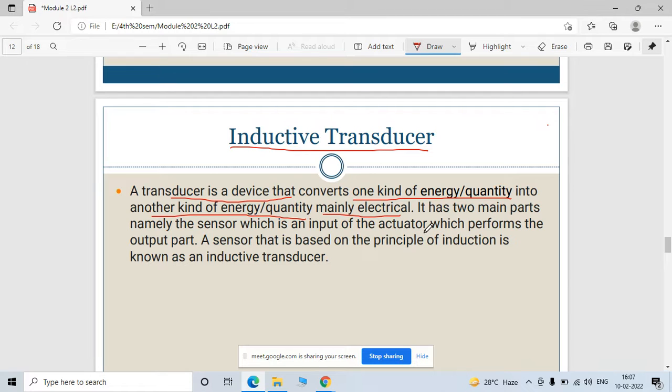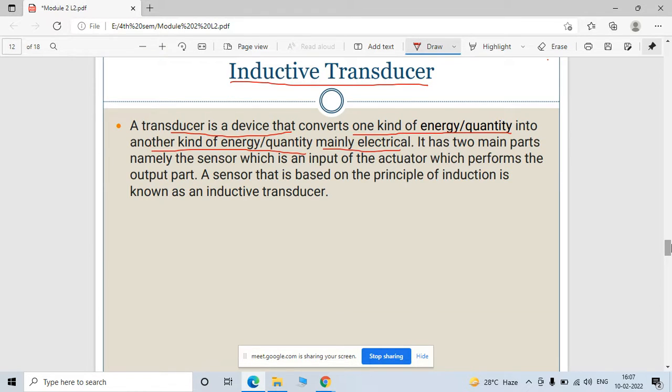Here, the inductive transducer generally deals with Faraday's law of electromagnetic induction. We will see how it relates to this. When we talk about the inductive transducer, it means there is a creation of flux, right?